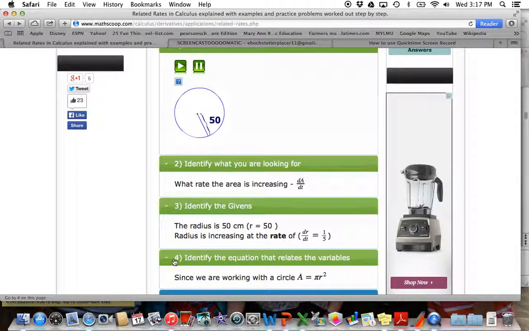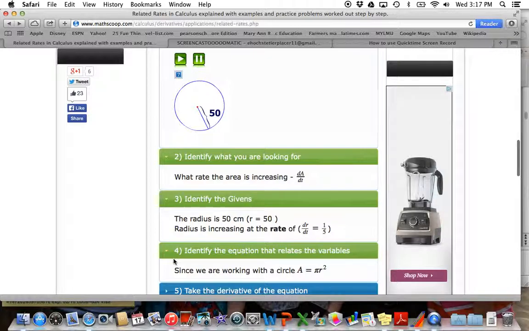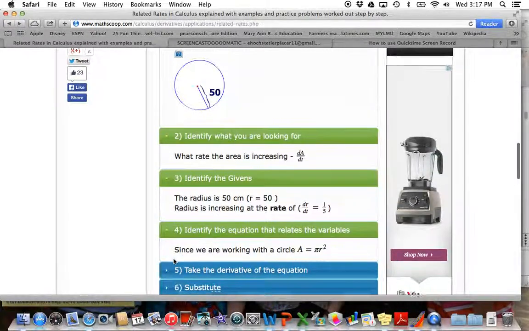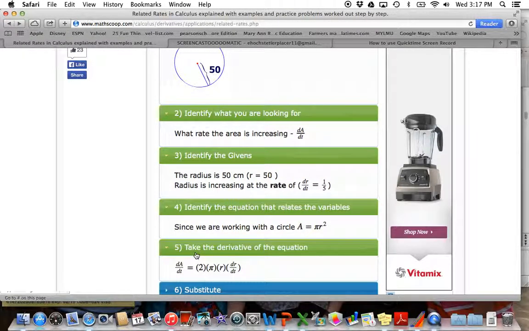Well, if you looked back at your steps, which you should be doing right now, you would see you take the derivative. So take the derivative. The derivative of A is dA dt. The derivative of pi r squared is 2 pi r, because pi is just a number, then times dr dt.